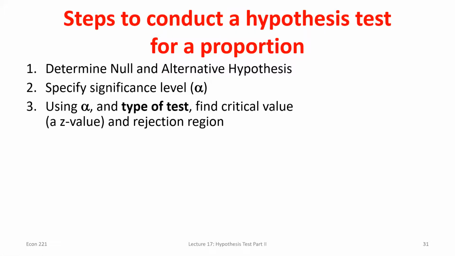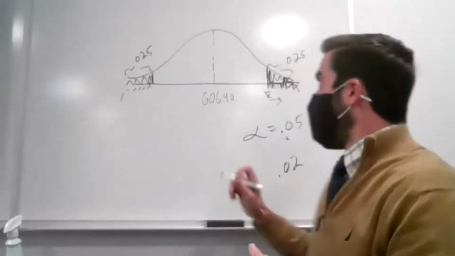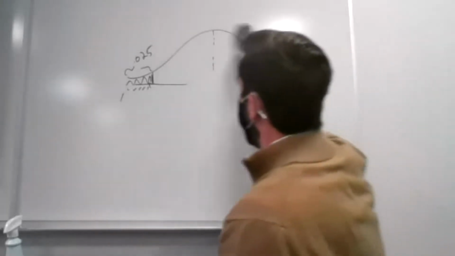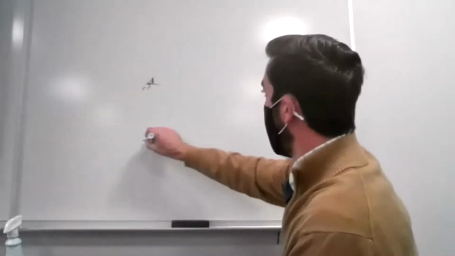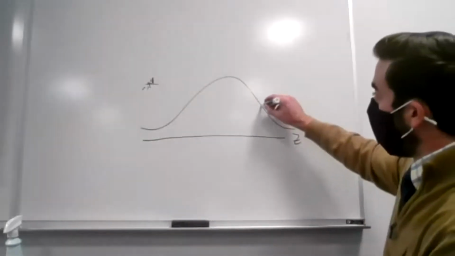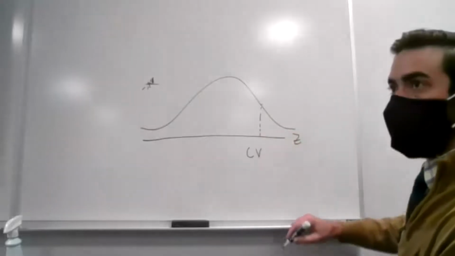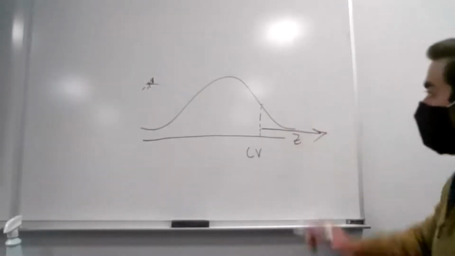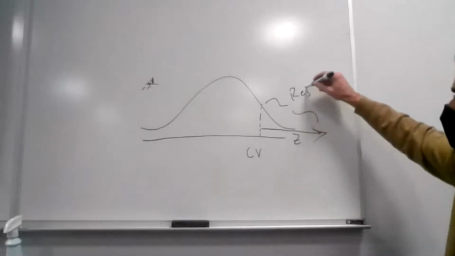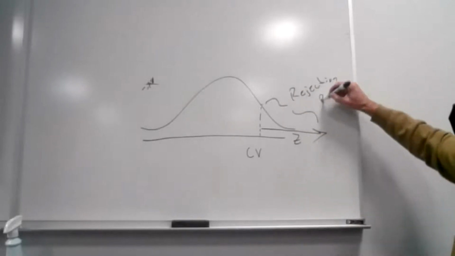Okay? So what that's going to look like is, using that standard normal distribution, you're going to try to find a critical value and then a rejection region such that if your test statistic is in that rejection region, you'll reject.